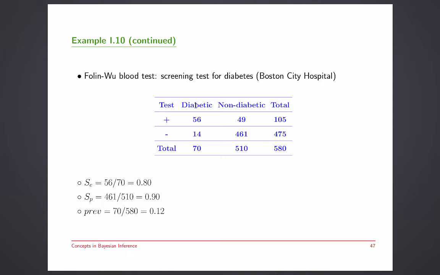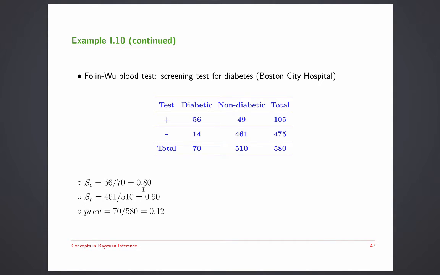So from this table, it's easy to obtain the sensitivity as the number of truly diabetic patients with a positive test result divided by the total number of diabetic patients. The specificity of the test is the number of non-diabetic patients for which the test was negative divided by the number of non-diabetic patients in the study.